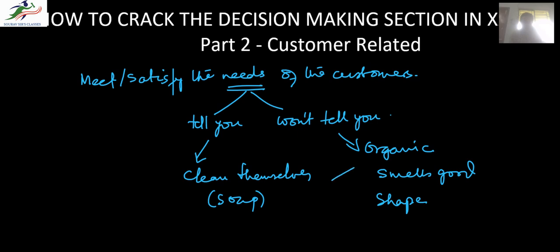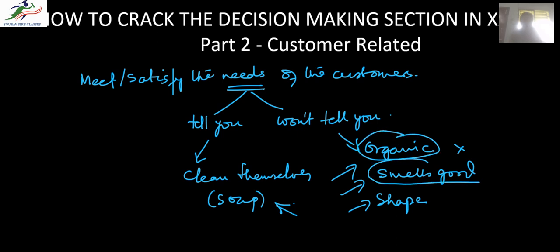These are needs which the customers are not telling you. They are just telling you that they want something to clean themselves up. But as a businessman, you have to understand what these unstated needs are. These are called unstated needs.